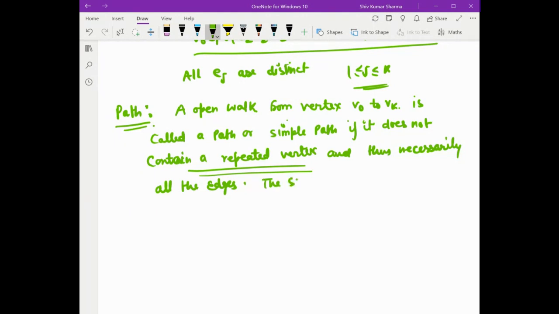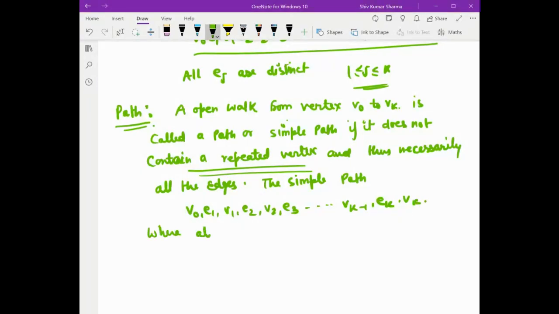So the simple path we write as V0, E1, V1, E2, V2, E3, ... Vk minus 1, Ek and Vk.